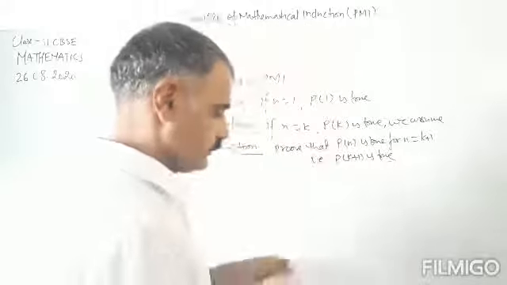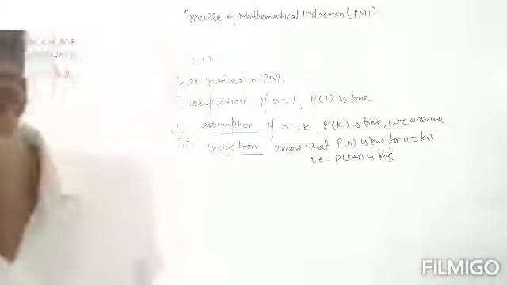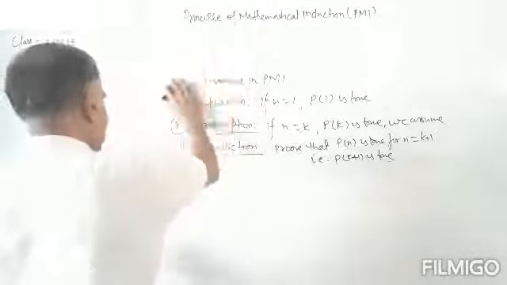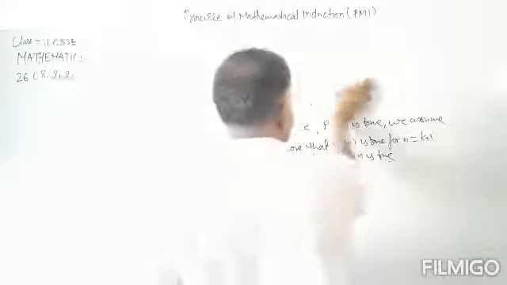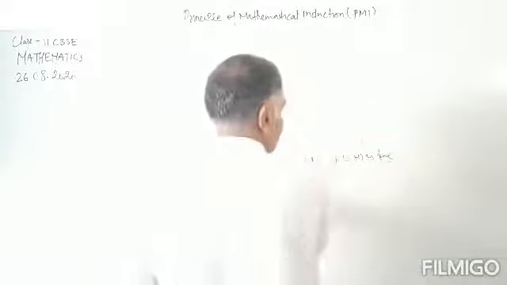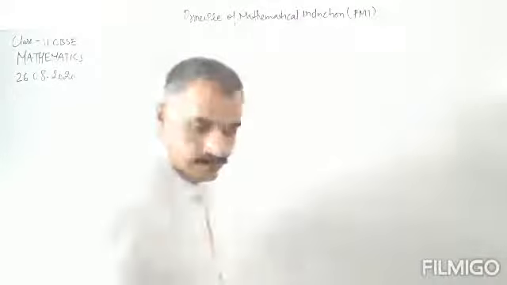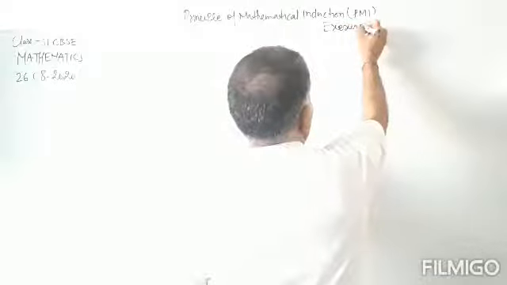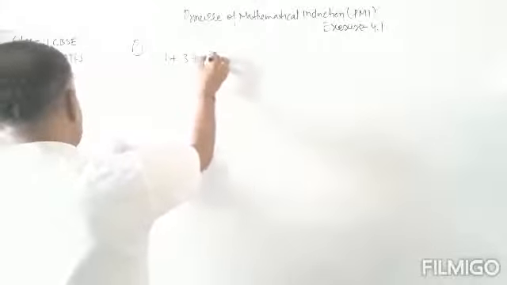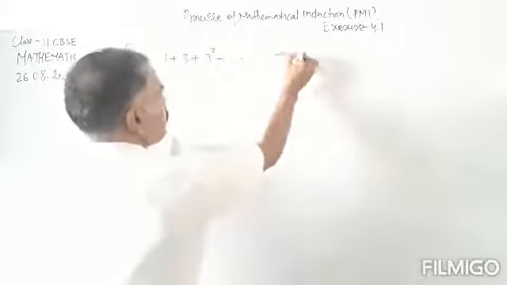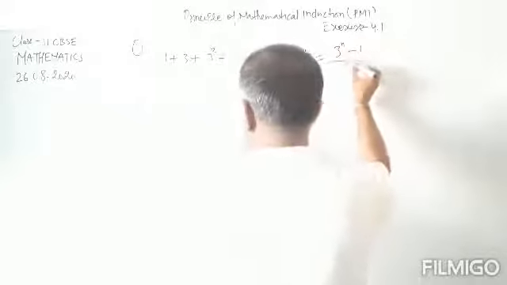Question number 1 of exercise 4.1, the only exercise of chapter 4, principle of mathematical induction: 1 plus 3 plus 3 square plus and so on plus 3 to the power n minus 1 is equal to (3 to the power n minus 1) upon 2.